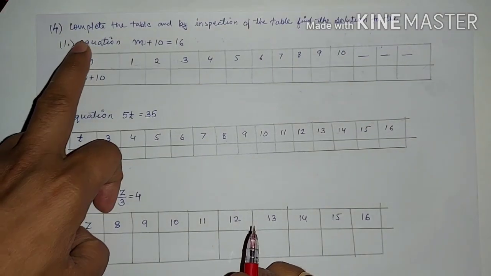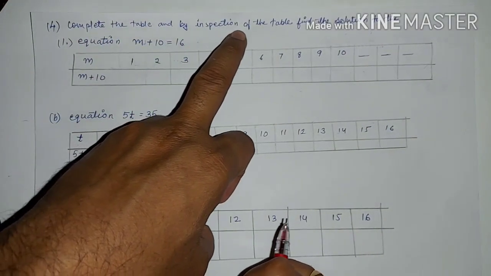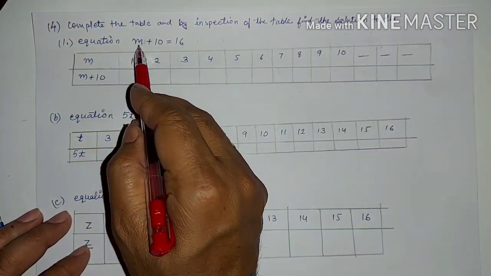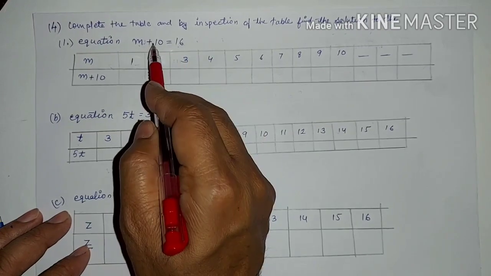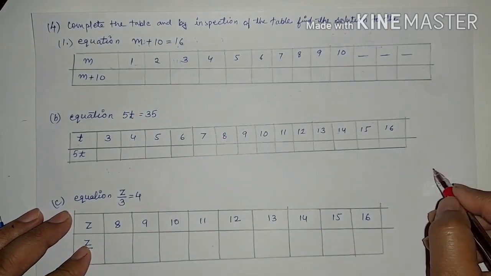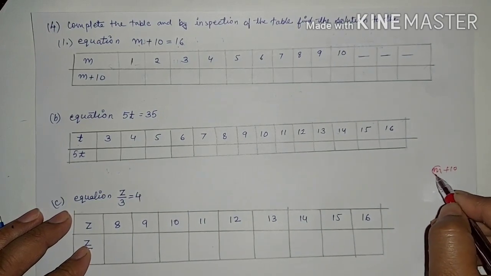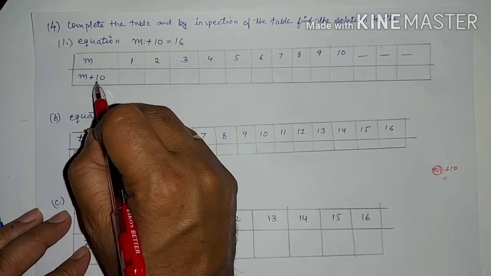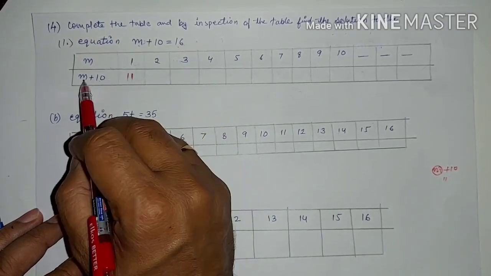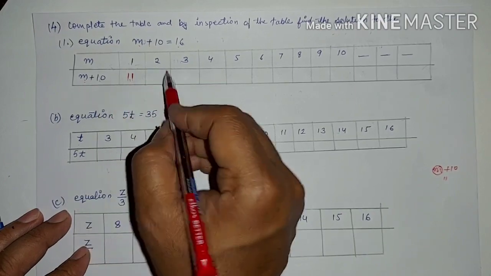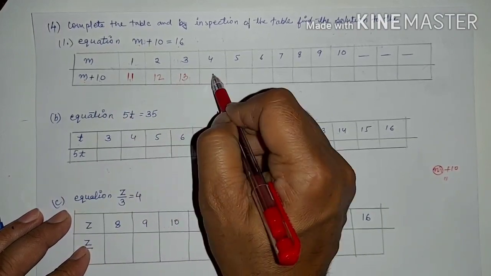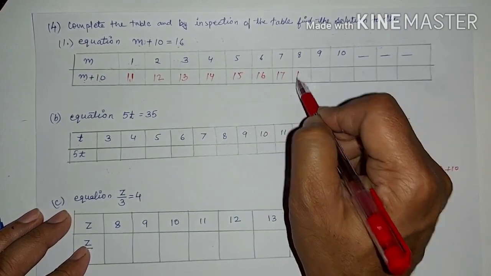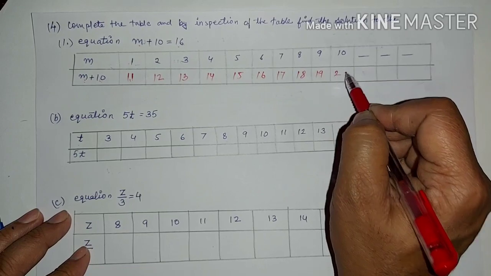Now question number 4 is: complete the table by inspection of the table and find the solution to the given equation, m plus 10 is equal to 16. Now, when the m value is 1, it means 11. Suppose m plus 10, put the value here: 11, 10 plus 2 is 12, 13, 14, 15, 16, 17, 18, 19 and 20.